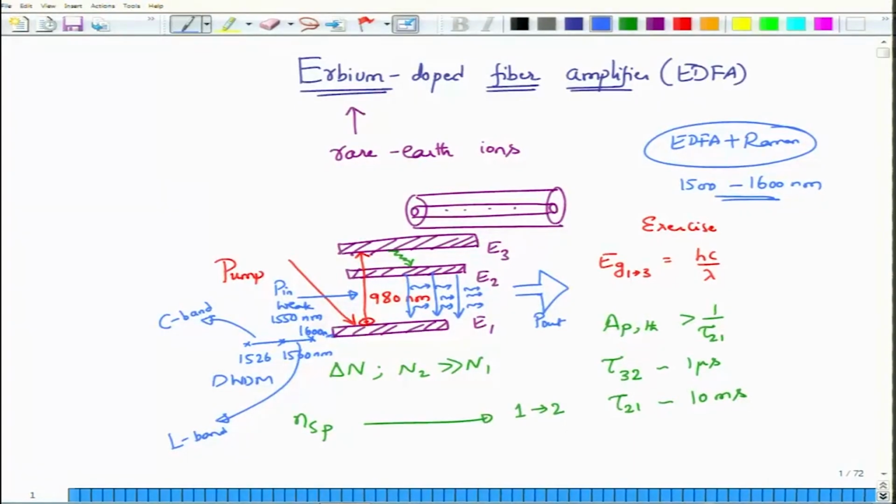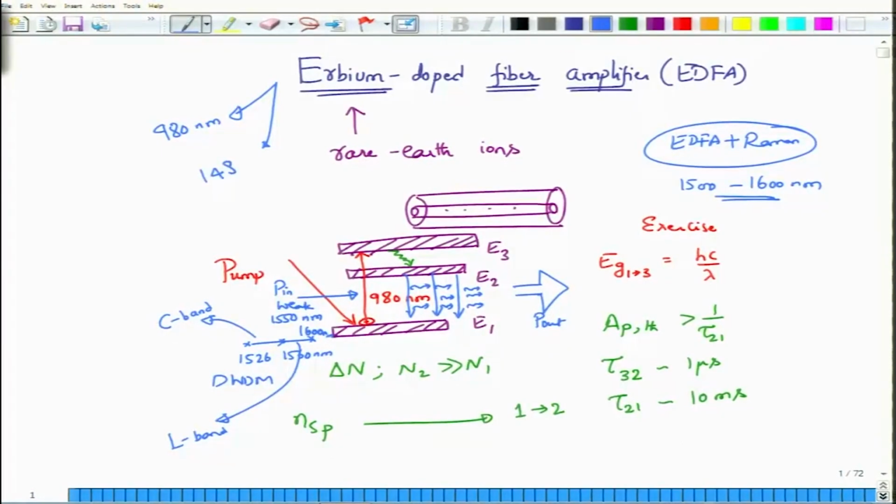The pumping that is used is 980 nanometer. Of course, that is not the full story here. We are going to look at a little more detail on erbium doped fiber. One thing you should remember is that erbium doped fibers can be pumped at two different wavelengths. One is 980 nanometer, which is most efficient, results in larger gain and shorter amplifier lengths, that is shorter fiber lengths, to realize the same gain.